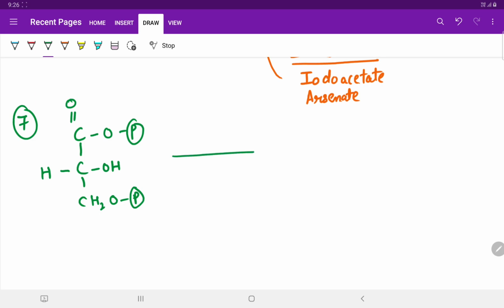In the presence of the enzyme phosphoglycerate kinase, this leads to formation of 3-phosphoglycerate with generation of one ATP molecule. So here an ATP is also generated, and this reaction occurs in the presence of magnesium ions.